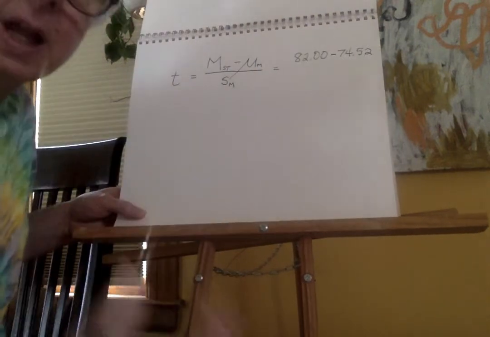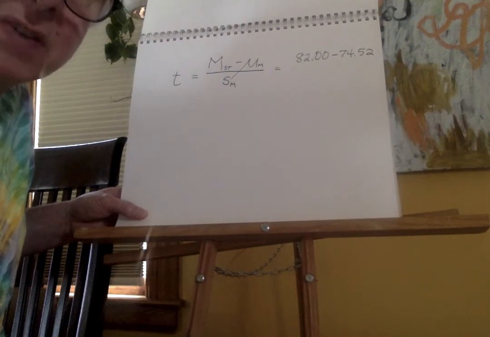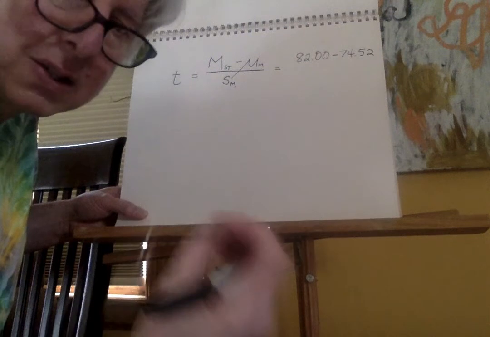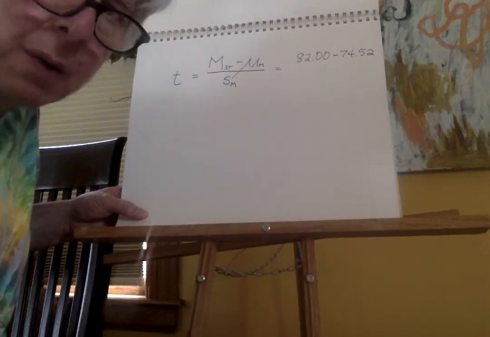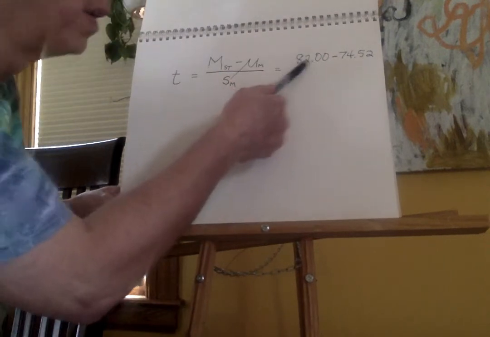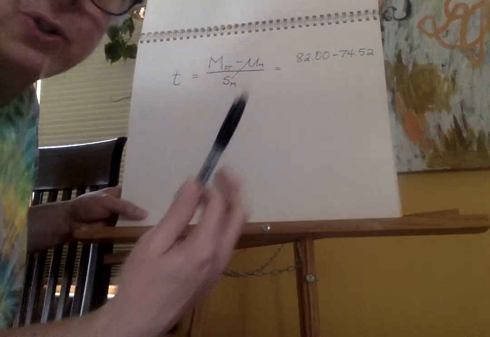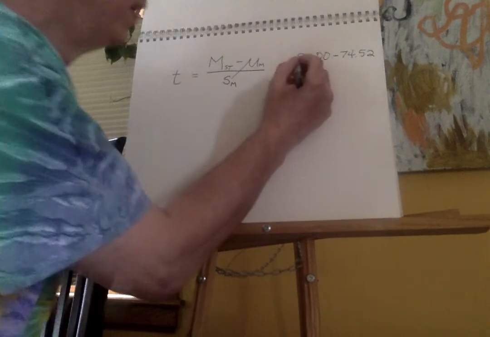We're going to compare 82 to 74.52. I mean, that's the very essence of our research question. When I look at a group of 10 people that watch this movie, here's the mean. How does that compare to what I see normally? That's the essence of our question. There it is, in the numerator, okay?